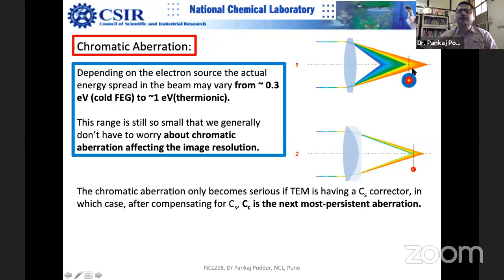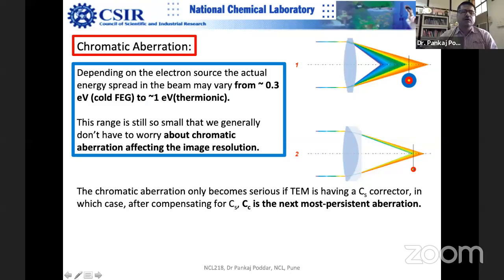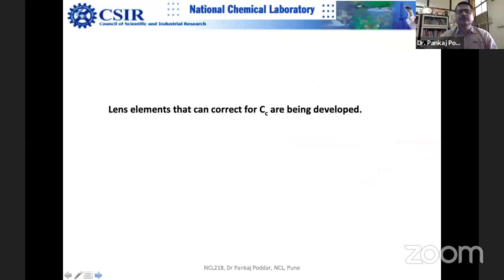If you have an energy spread, different beams will focus at different points. So that also leads to a varying range of focal points. Actually, it's not as bad as it is described in the figure.